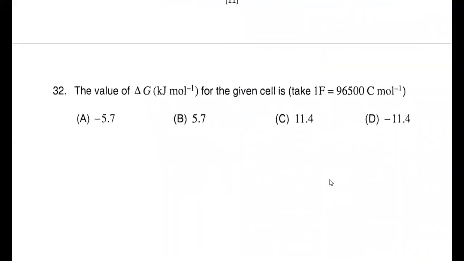Now to the next question: the value of delta G for the given cell is. We all know that delta G equal to minus nFE cell. So n is 2 over here, F is 96500, and E cell is given 0.059 volt. And this will give you delta G. Just simply calculate the value.